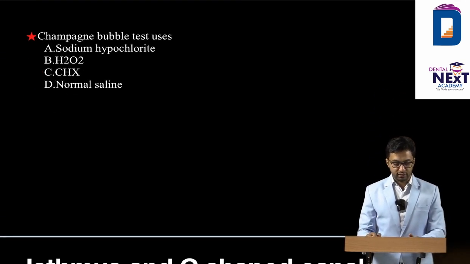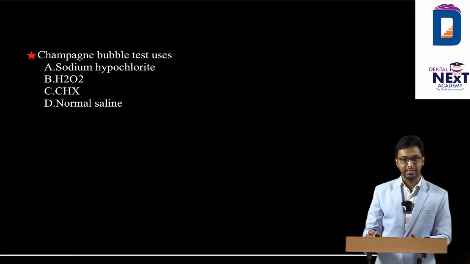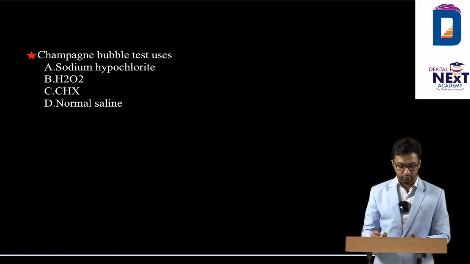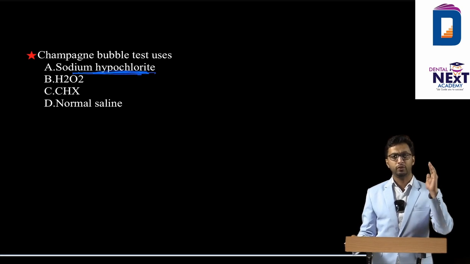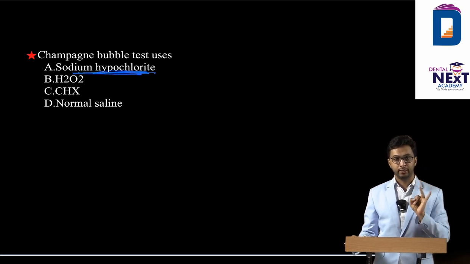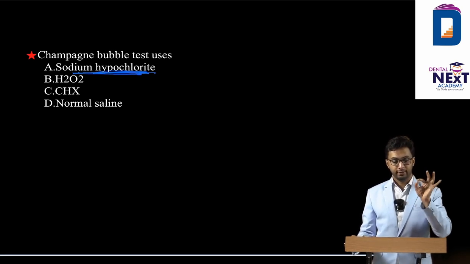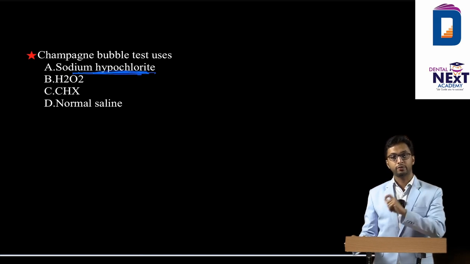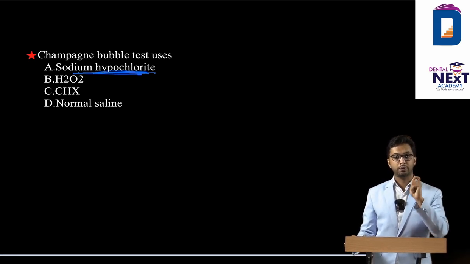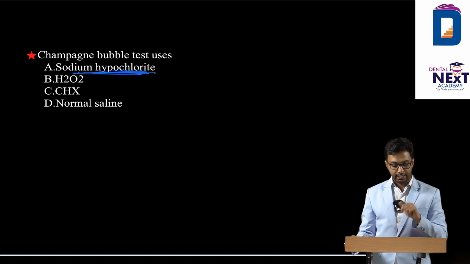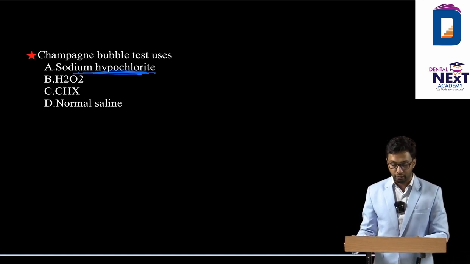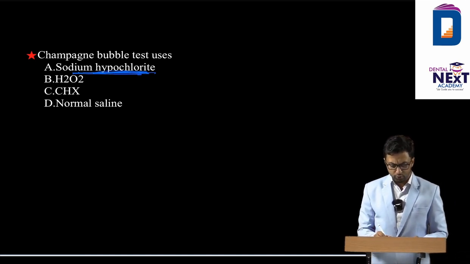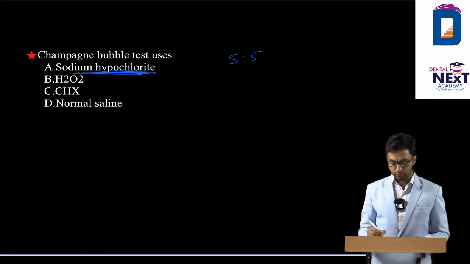Now coming to the next question, champagne bubble test uses. The first was methylene blue, second was hypochlorite. So this is where you use hypochlorite. What did we do so far? For drying, we used 95% ethanol and 17% EDTA. And then to locate the orifice of a calcified canal, you use 1% methylene blue dye and sodium hypochlorite, usually 5.5% sodium hypochlorite.